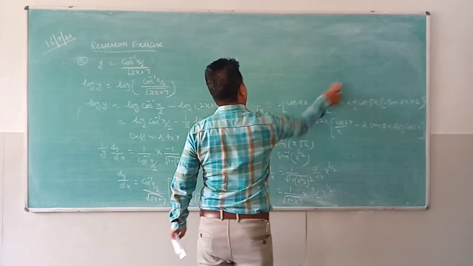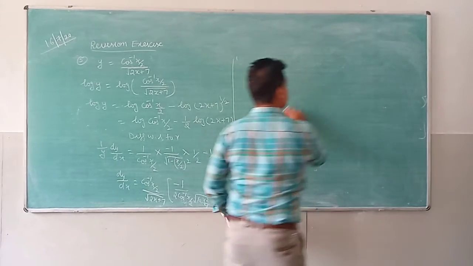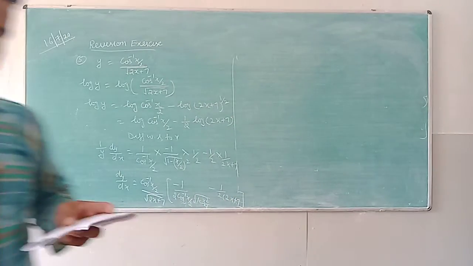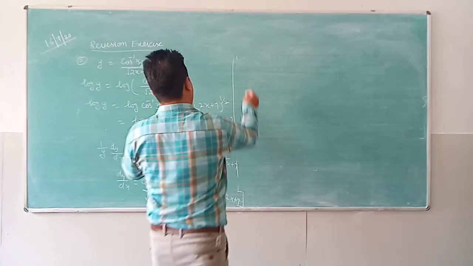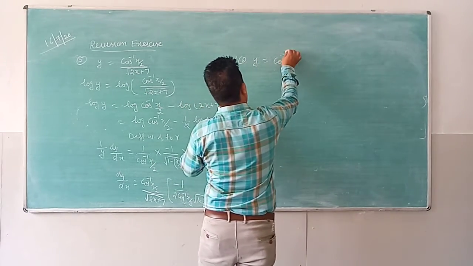In the next question, question number 6, the statement is y is equal to cot inverse of [(√(1 + sin x) + √(1 − sin x)) / (√(1 + sin x) − √(1 − sin x))]. This is an important one.